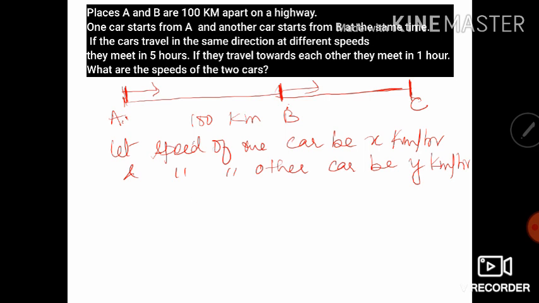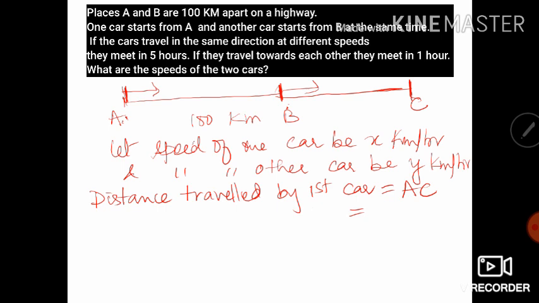We will form the equation in distance. So let's find the distance traveled by the first car. The distance traveled by the first car when they are moving in the same direction will be equal to AC. And we know that distance is equal to speed into time. So the speed of this car is x and the time taken to travel from A to C is 5. So 5 times x.